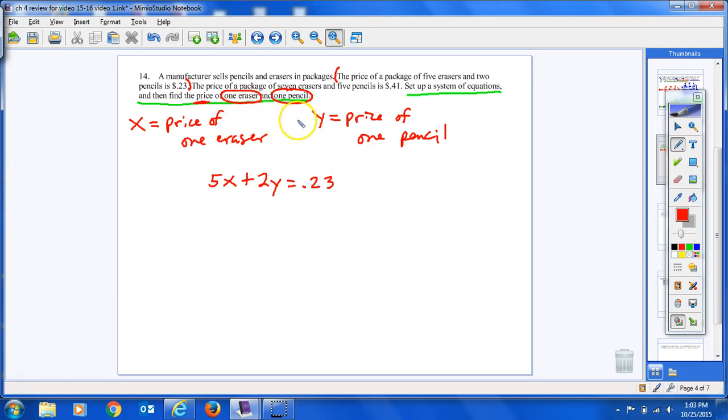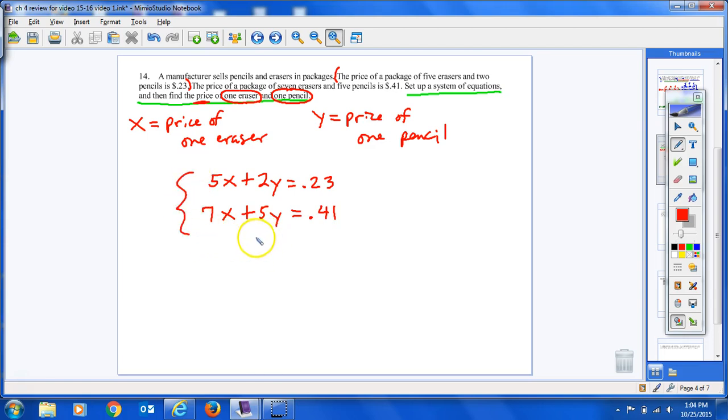Then there's another package, a package of 7 erasers and 5 pencils. That should total 41 cents. And now we have a system.